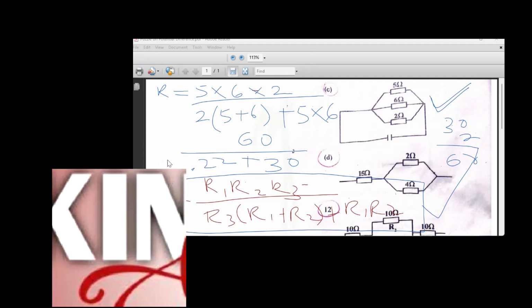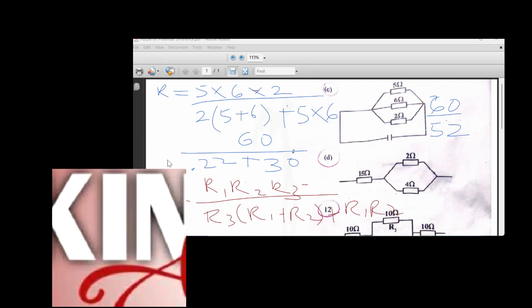So we can now solve 22 plus 30. You have 52. So we have 60 by 52.